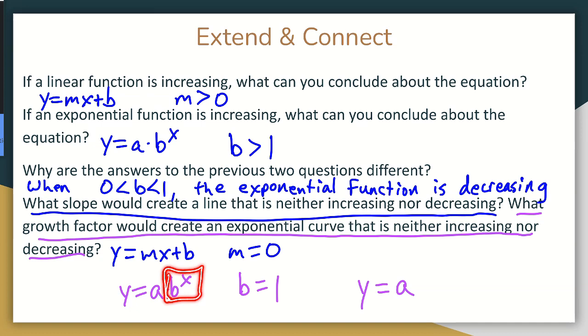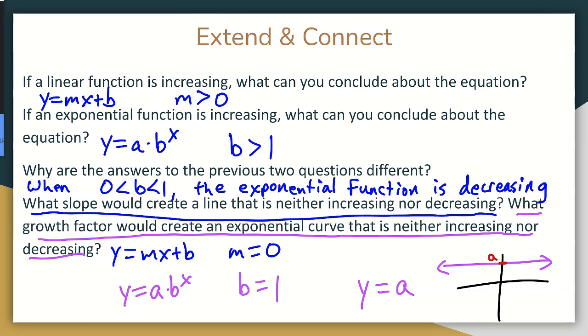So this equation is y equals a times 1, which is just y equals a. And so that is just a horizontal line, where y equals a. So this value right here is a.